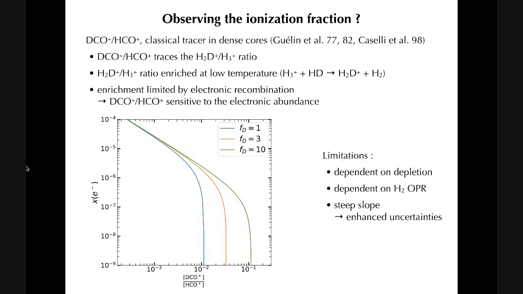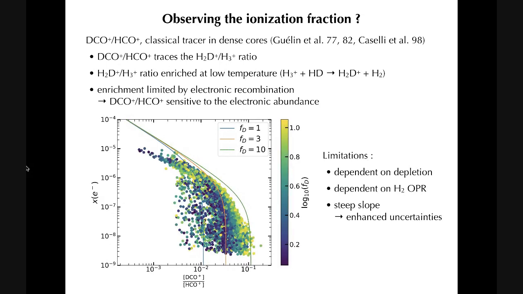You see here a simple analytical approximation based on this simplified network. Of course, it depends on the deuteration fraction, because the link between DCO+/HCO+ and H2D+ depends on the gas phase abundance of carbon. But there are more limitations. If we look here at the results of chemical models with a full chemical network, we see that the results are a bit different.